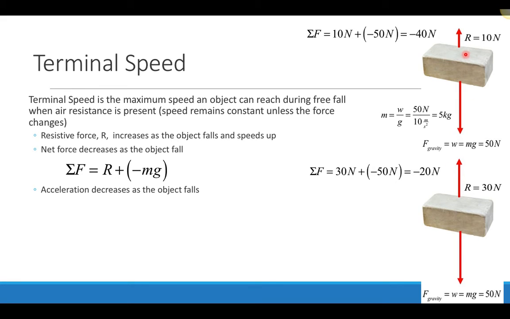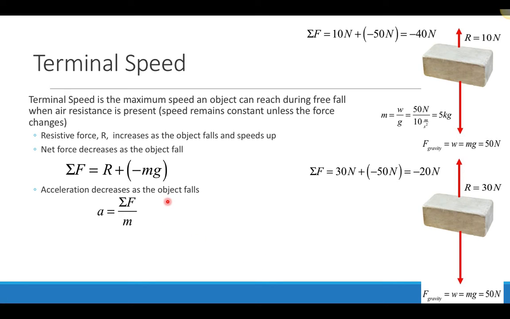So as the object falls, air resistance increases, and as the amount of air resistance increases, the net force decreases. So I started off with a net force downward of 40, and now I have a net force of negative 20.